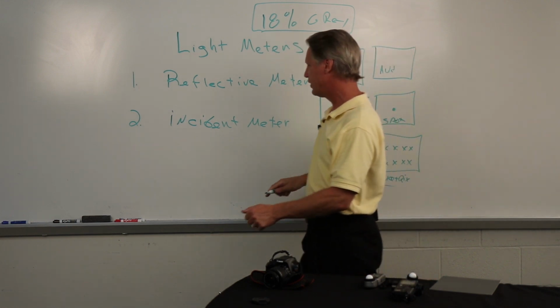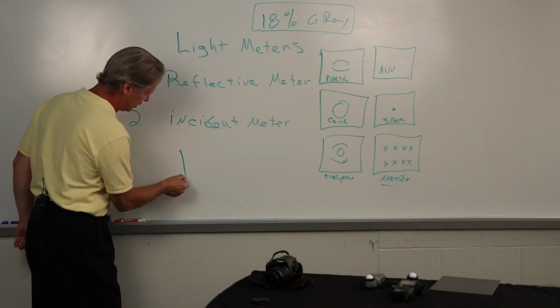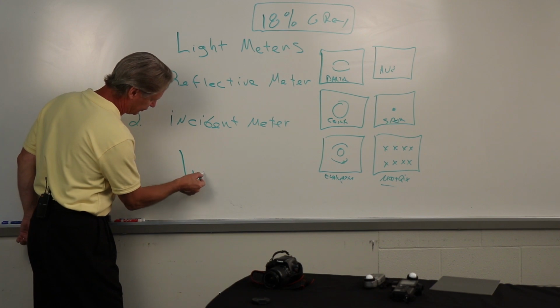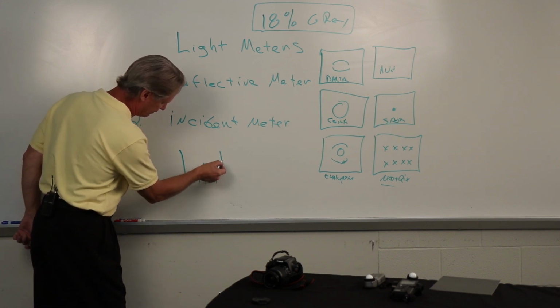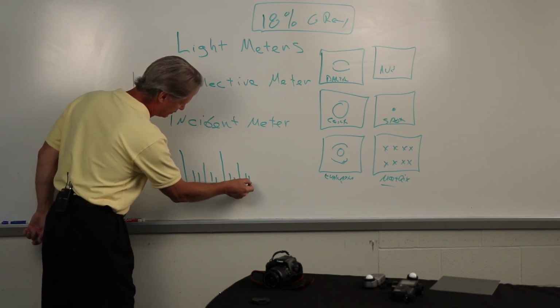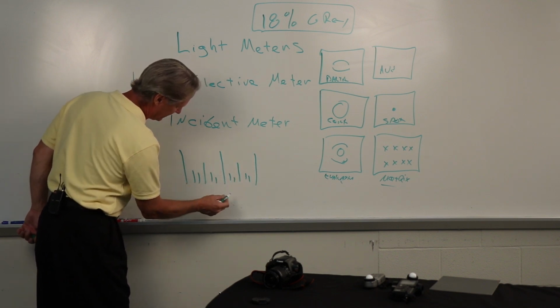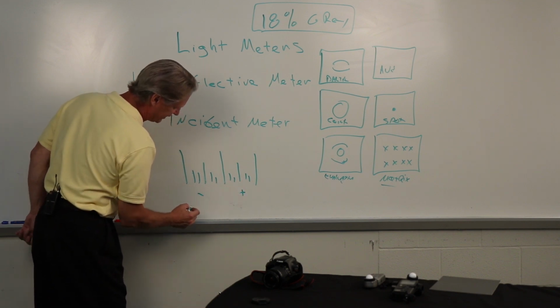And then what you want to do is look at your meter, and it will look something like this. It will have a long line, a couple of short lines, a medium line, maybe a couple of short ones, and a really long one again, a couple of short ones, a medium one, a couple of short ones, and a long one. And it may say plus on this side and minus on this side.